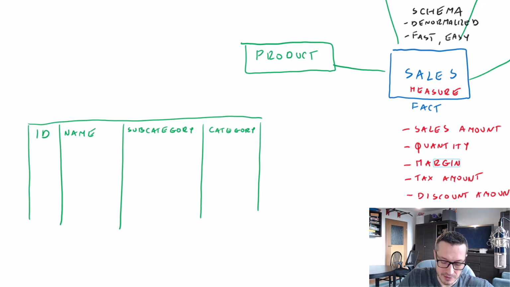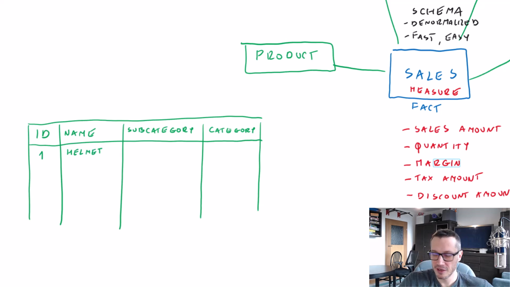And let's say that we already have some data inside our product dimension. Let's say we've got a row number 1. It is some kind of a helmet. Let's say that we sell bikes. We're an AdventureWorks company. Helmet. Subcategory, maybe it is called bike accessories.